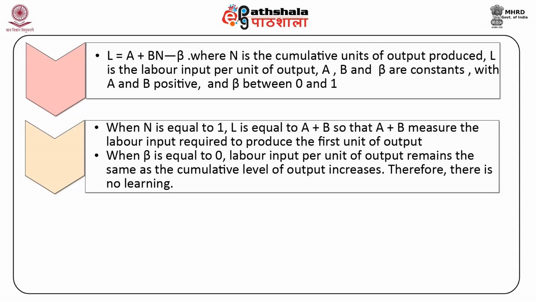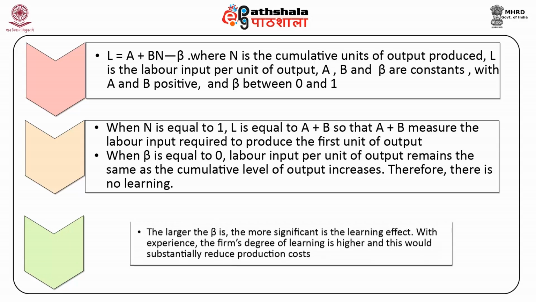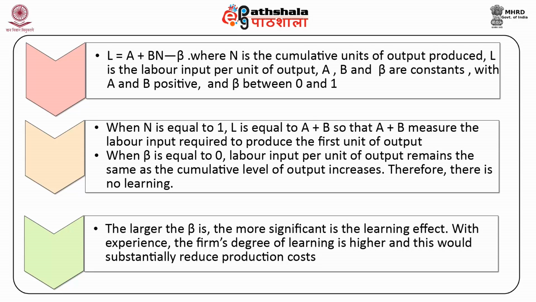When β is positive and n gets larger and larger, L becomes arbitrarily close to A. A therefore represents the minimum labor input per unit of output after all learning has been achieved. The larger the β is, the more significant is the learning effect. With experience, the firm's degree of learning is higher, and this would substantially reduce production costs.